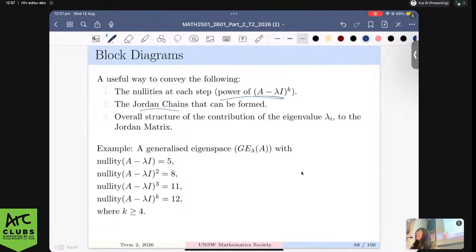Usually for this, you consider the difference between each corresponding entry. So you start with 5, and then 8 minus 5 is 3, 11 minus 8 is 3, and then 12 minus 11 is 1. And it didn't start well because this is decreasing, right?